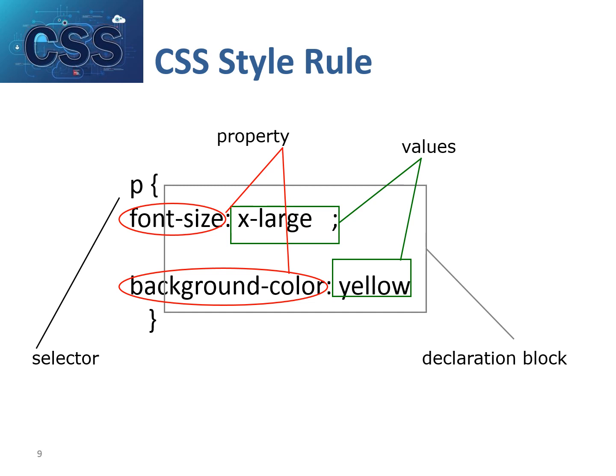So the general syntax is you have to identify the corresponding selector. Then you can start the declaration block. Then you specify the first property, put a colon, and specify the corresponding value for that property. A semicolon is needed. Then you can add the second property, colon, corresponding value, semicolon. Then after that, the declaration block will be closed.